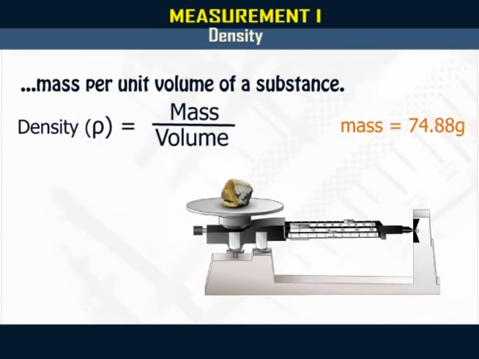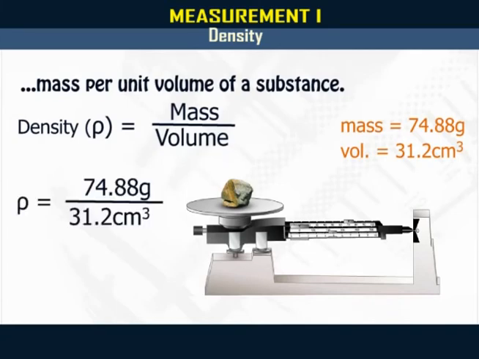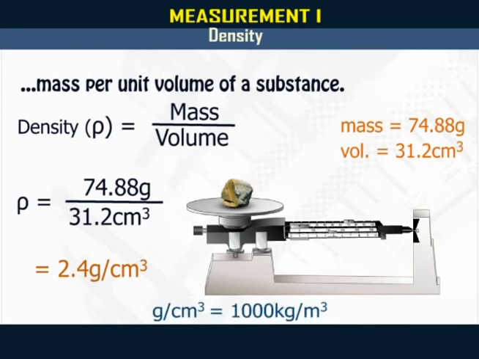We also know its volume is 31.2 cubic centimeters. Then its density is equal to 74.88 grams over 31.2 cubic centimeters, and that gives us 2.4 grams per cubic centimeter. Note that 1 gram per cubic centimeter is equal to 1,000 kilograms per cubic meter.